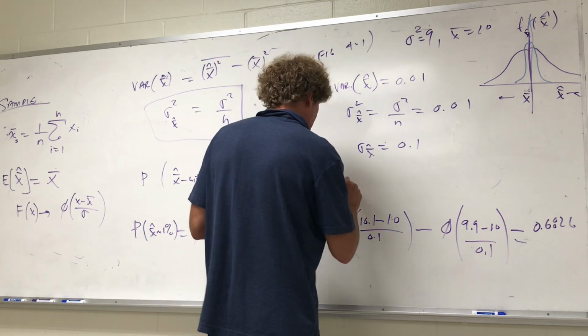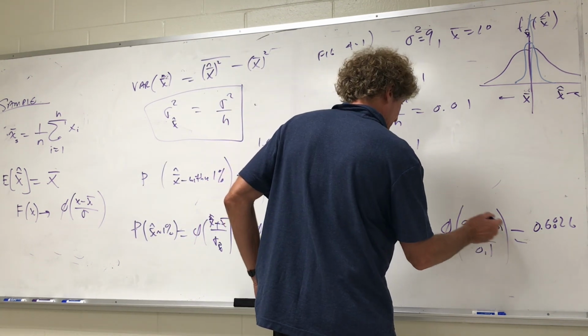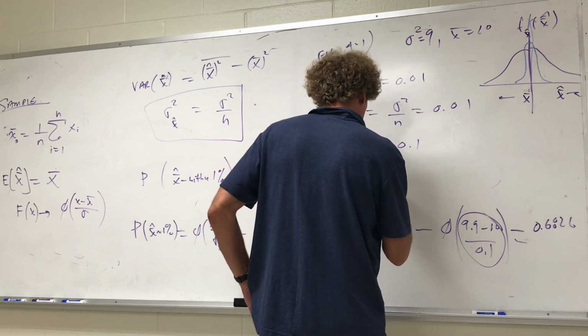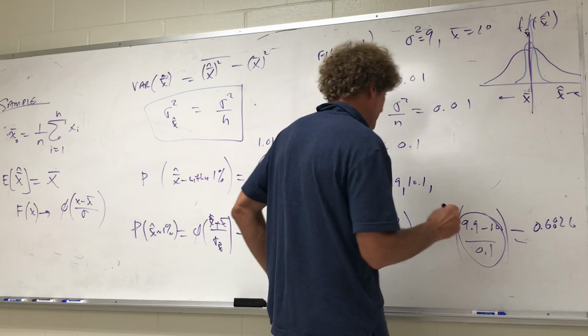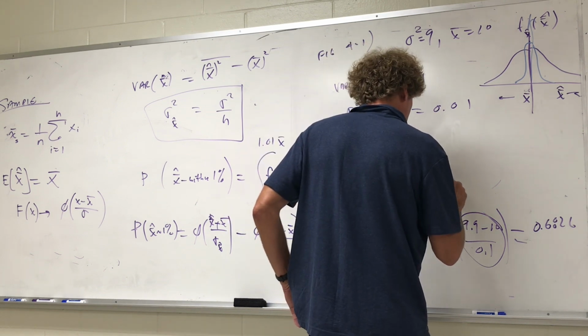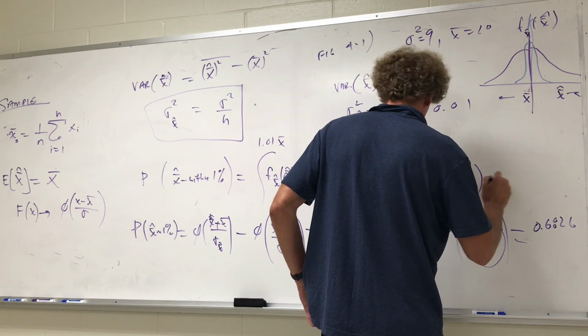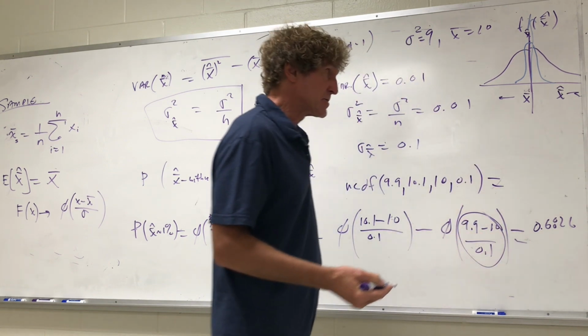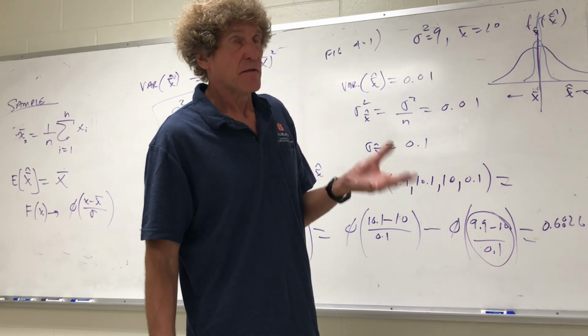Calculators, you have that. So NCDF, the lower limit is going to be 9.9. Upper limit is 10.1. The mean value would be 10 because that's given. And the standard deviation is 0.1. And that is the standard deviation of the sample. You got that? Okay, it works. That's what he's saying.